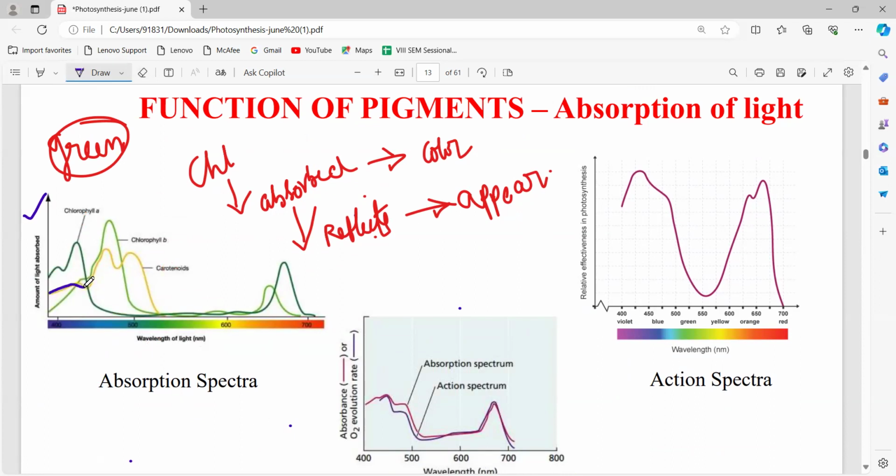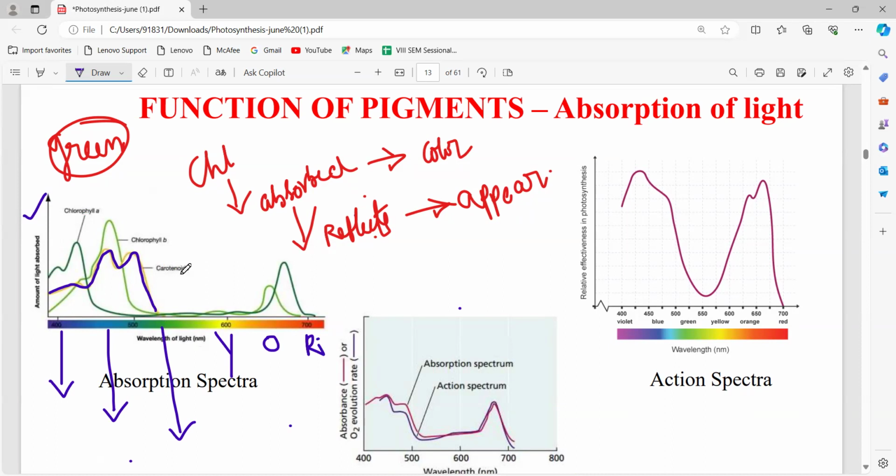If you look into this particular carotenoid, friends, the carotenoid absorbs dark blue light, light blue light, and green light also, but it is not absorbing yellow light, orange light, or red light.